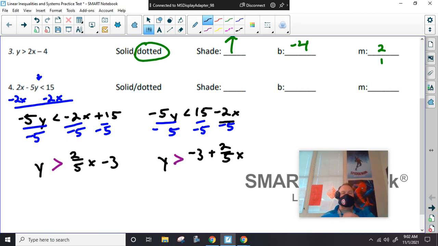All right. So now we can actually go through and answer this. We possibly could have said at the very beginning that this was dotted, but sometimes it's good to wait. Which way are we going to shade? Up. What is our b? And our m, 2/5.